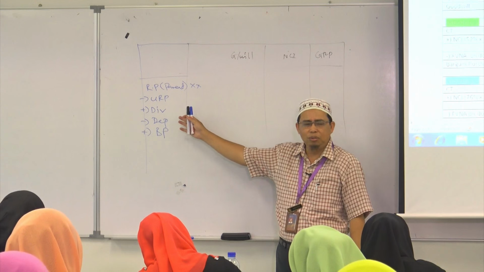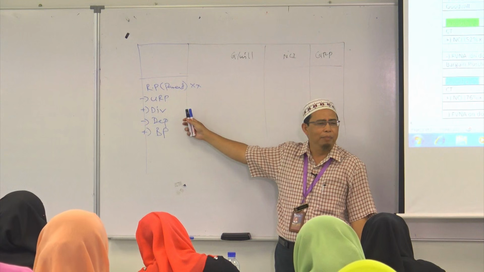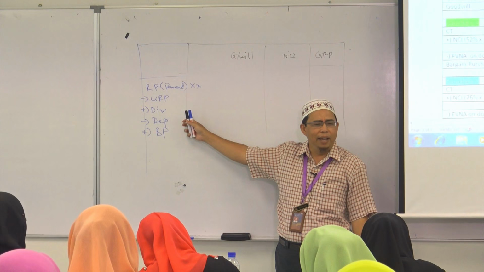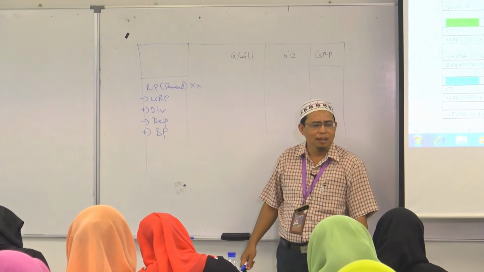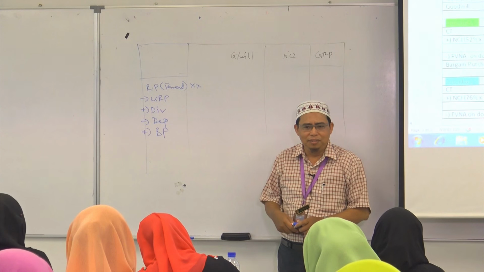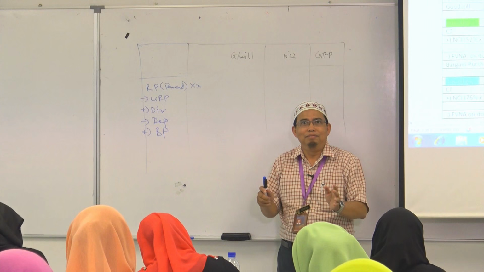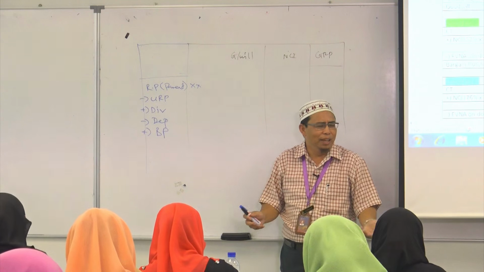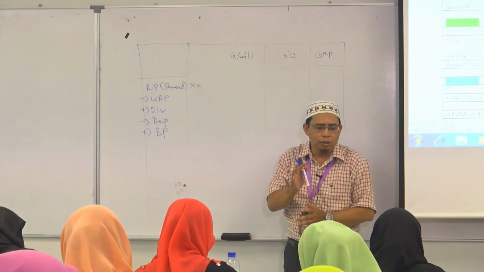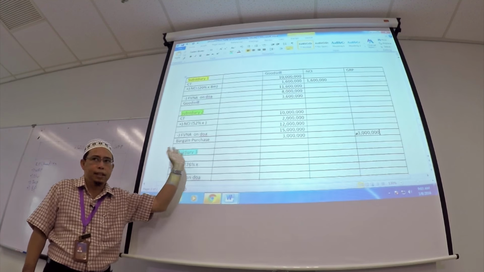And normally students forget about bargain purchase. So at the end, you don't record. And what happens if you don't record? You lose the mark. And then you become not stable, because my account is not balanced. Where is it? So I want you to straight away record it. It's the same thing.